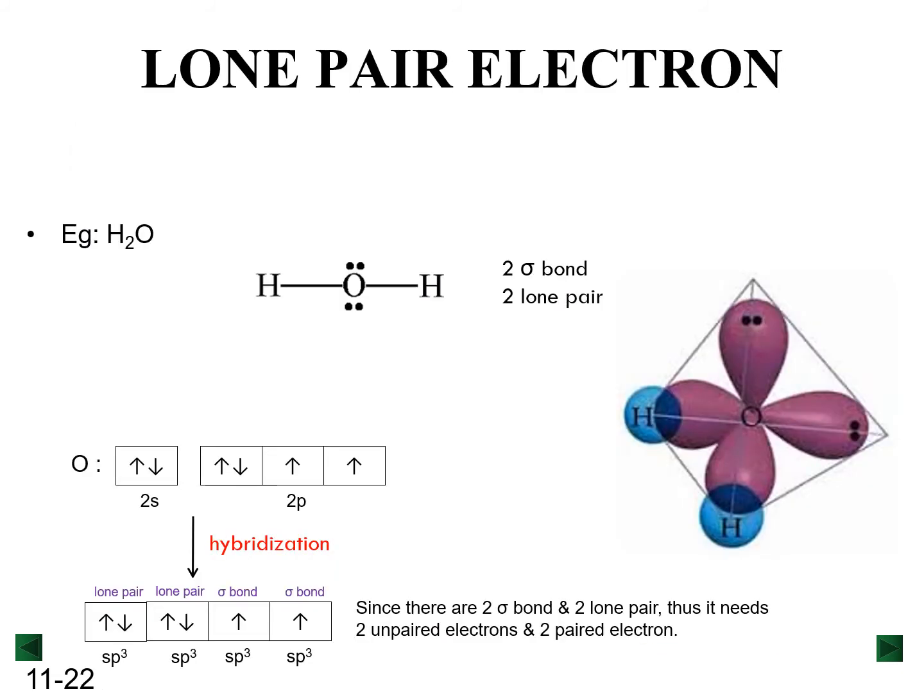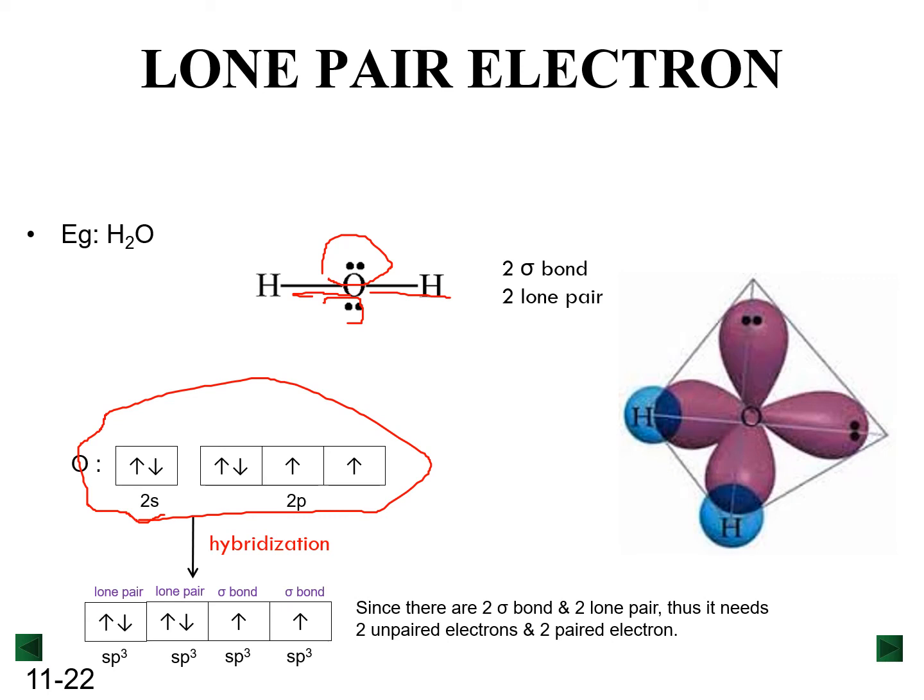Okay, for example, water, it has 2 sigma bonds and 2 lone pairs. And the valence orbital for oxygen is like here. So since it has 2 lone pairs and 2 sigma bonds, it requires 2 unpaired electrons and 2 paired electrons.